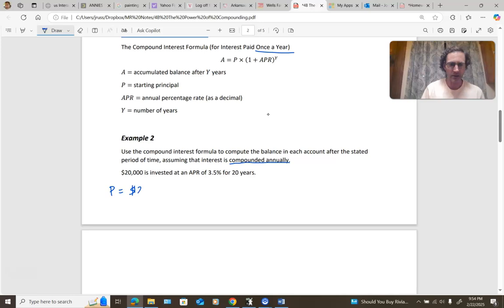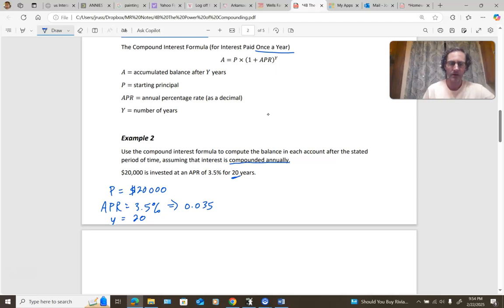P is 20,000, that's how much we're investing. The APR is 3.5%. I'm going to convert this to a decimal. If you move the decimal to the left 2 places, it'll be 0.035. And this is over a 20-year period of time, so Y is going to equal 20.